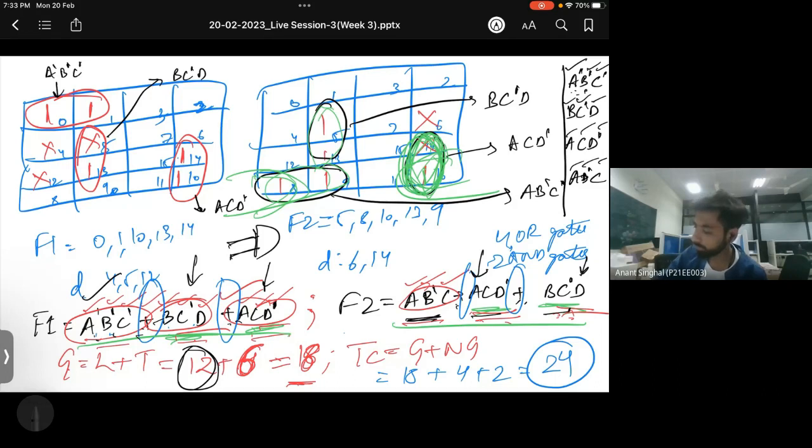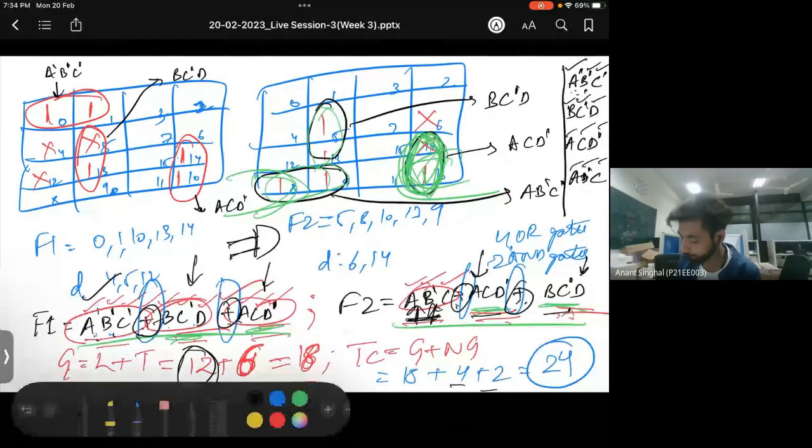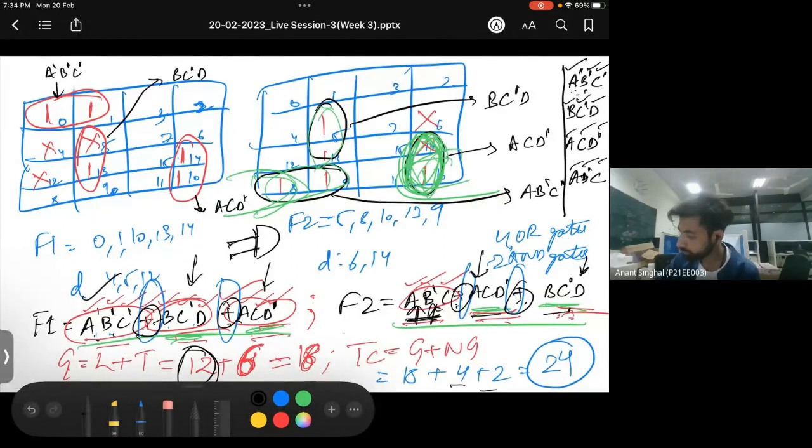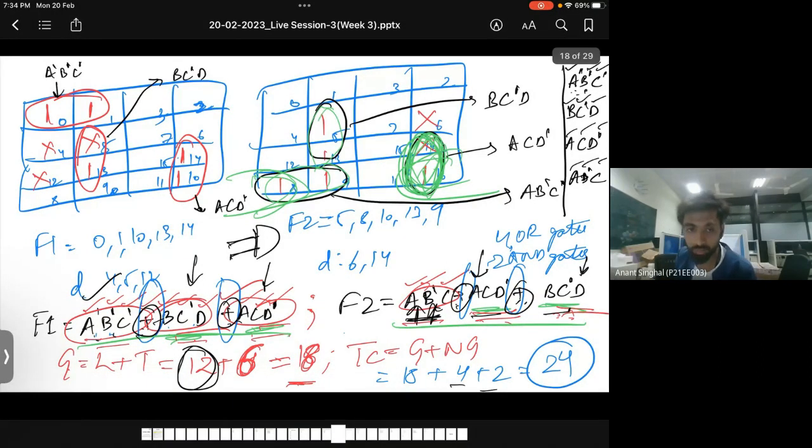That is why two AND gates and four OR gates. Four OR is clearly visible to you, and AND is between these terms. I hope it is fine.